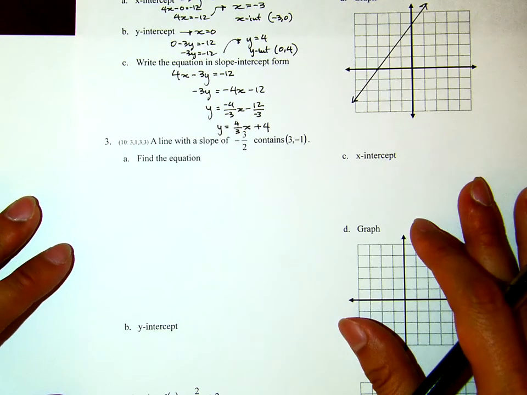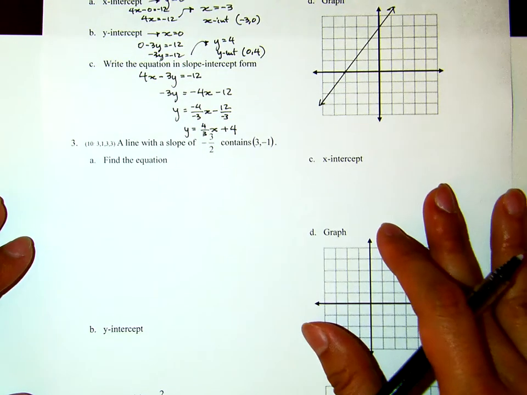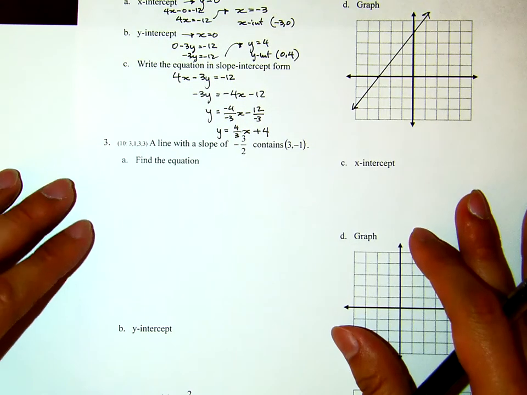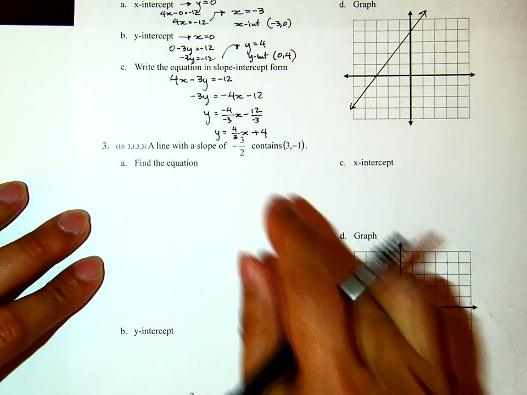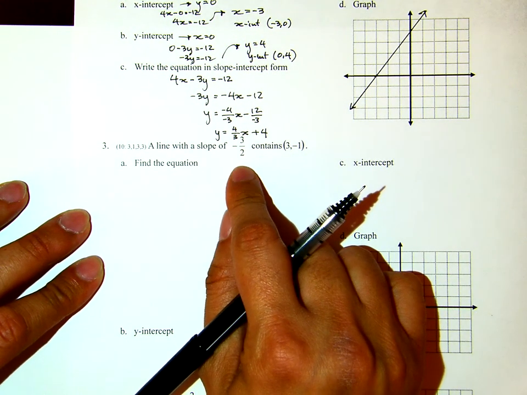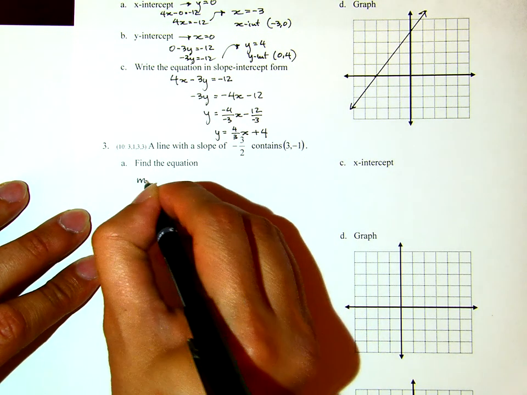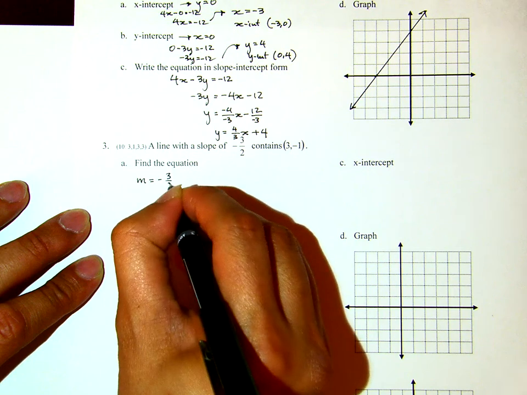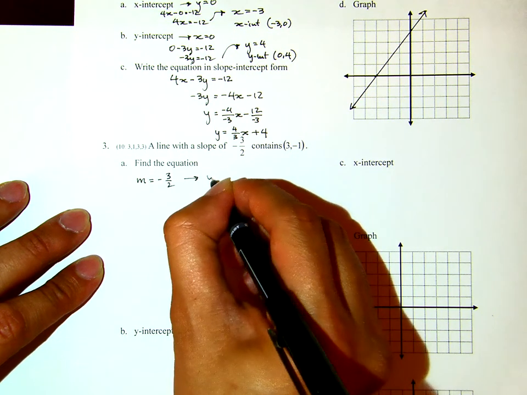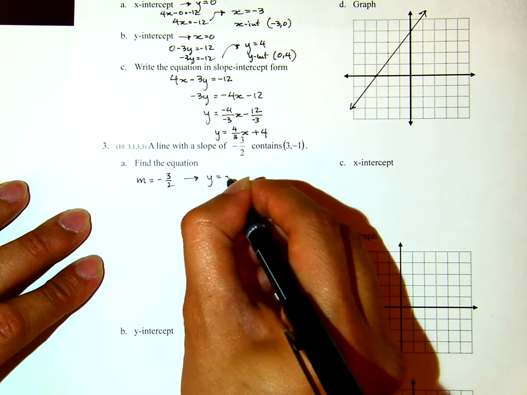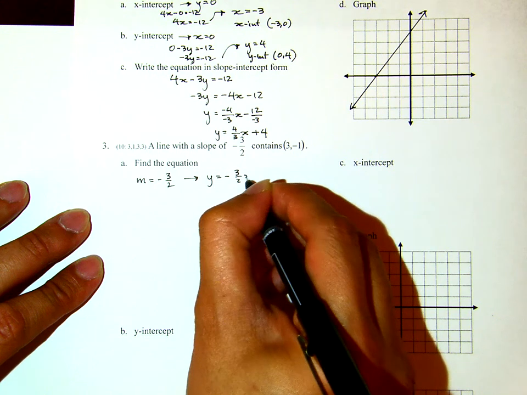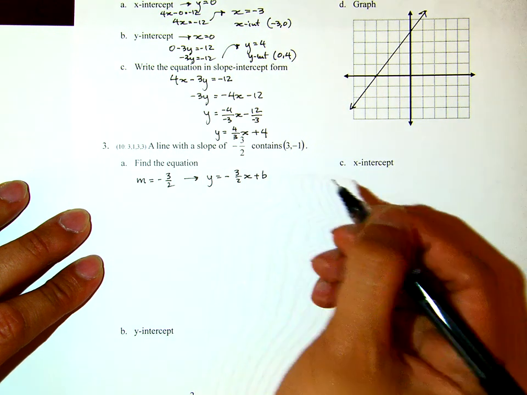Number 3, we have a line with slope negative 3 over 2 that contains 3, negative 1. Once we know that the slope is negative 3 over 2, we know that the equation must have this form, y equals negative 3 over 2x plus b.